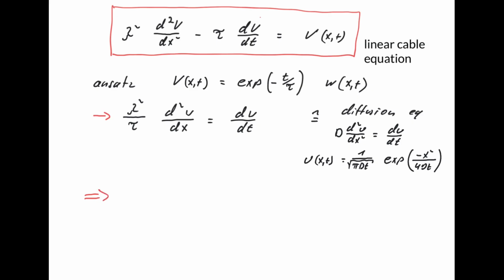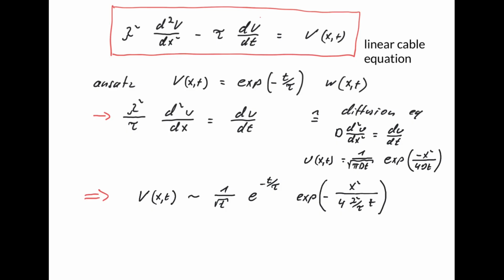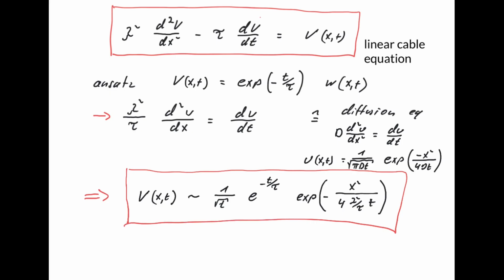Now combining, we have an equation for how the voltage changes with space and time along the axon, assuming this passive cable, and we will find that the voltage is proportional to 1 divided by square root of t times e to the power minus t divided by tau, times the exponent of minus x squared divided by 4 lambda squared divided by tau times t.